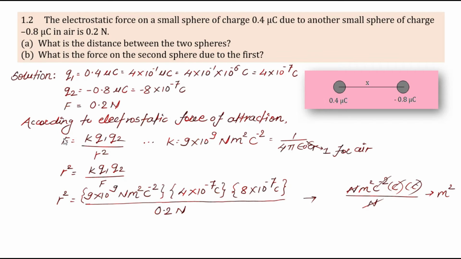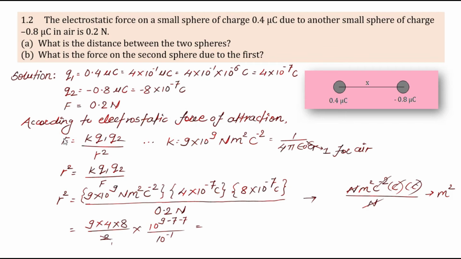What we have is R square that comes in meter square. We are interested in R, but before that let's simplify the given step. 9 into 4 into 8 upon 2 into 10 raised to 9 minus 7 minus 7 upon 10 raised to minus 1.